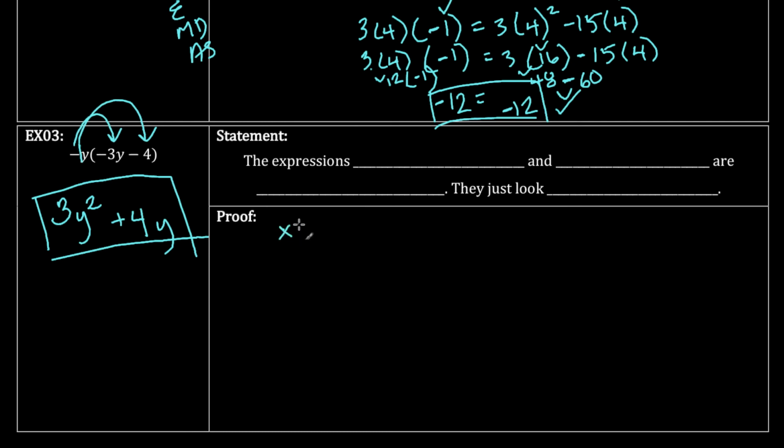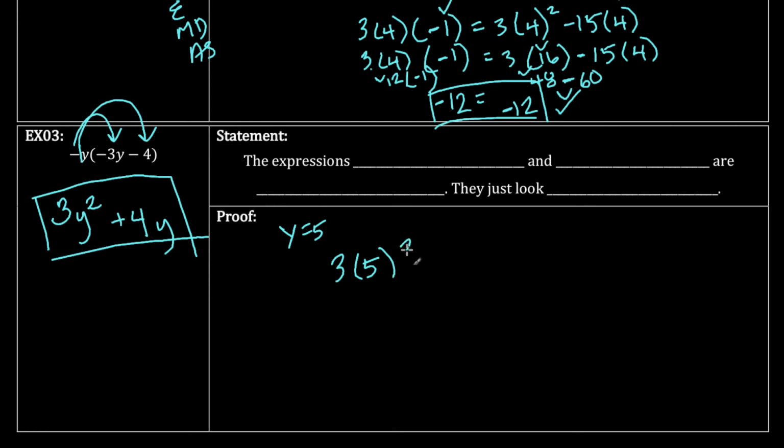Okay, so y'all know this part, so let's just prove it. So x equals, let's make it 5, or y equals 5. That is my mistake. Y equals 5. I'm just going to substitute it in. 3 times 5 squared. Oh, here I go again. I'm writing the second one first.